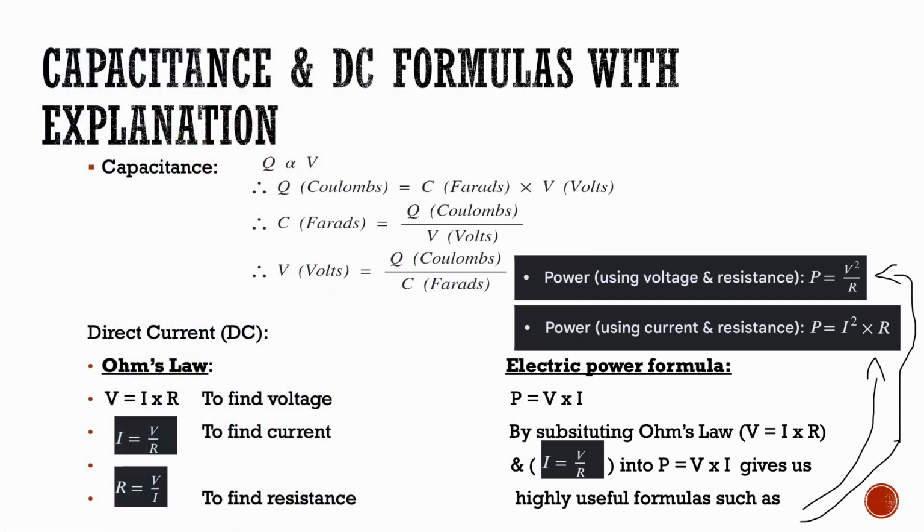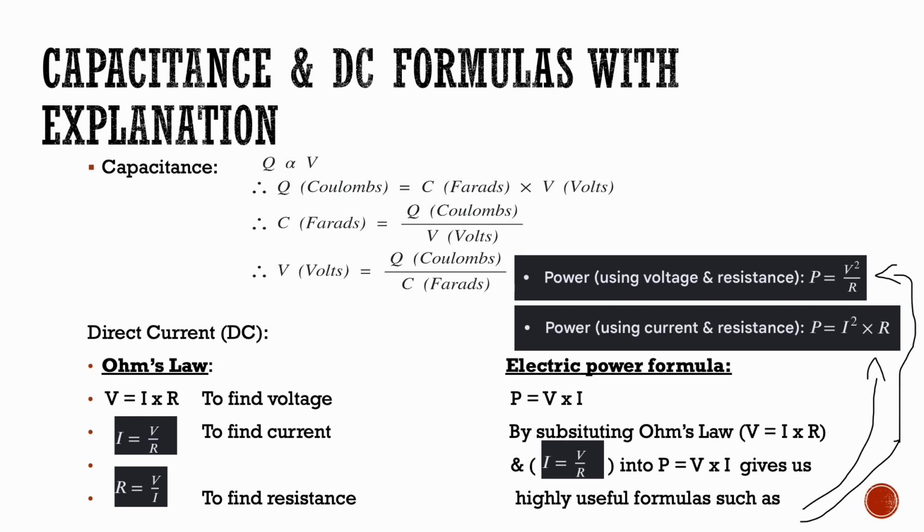In this slide of the presentation, I've added formulas for capacitance and direct current, and I'm going to be explaining each and every one of them, starting with the capacitance formula. The main formula for capacitance is Q equals C times V, Q being the charge, C being the capacitance, and V being the voltage. The charge is measured in coulombs, the capacitance in farads, and the voltage in volts.